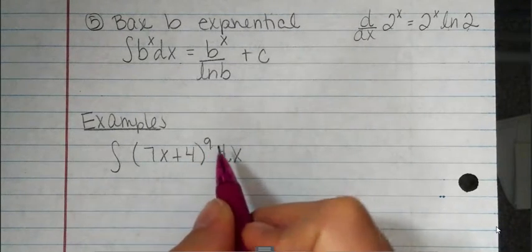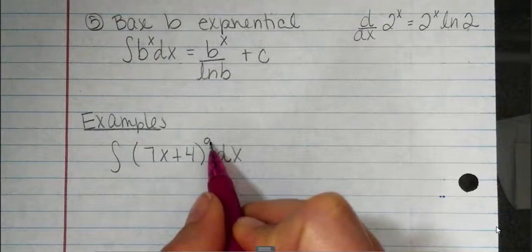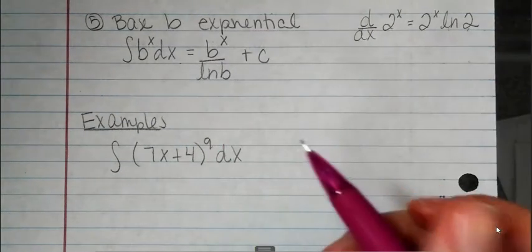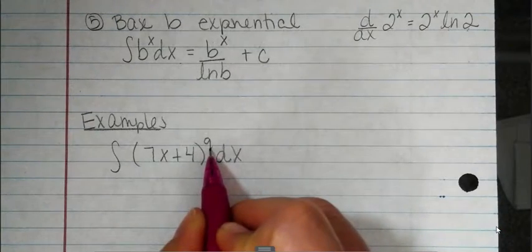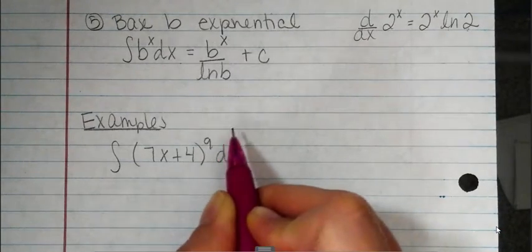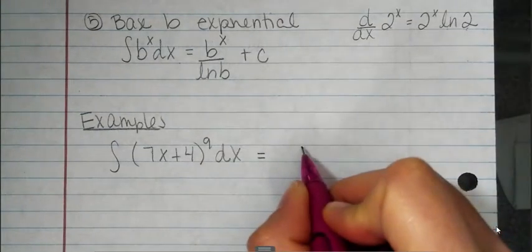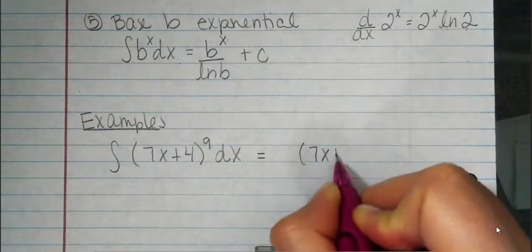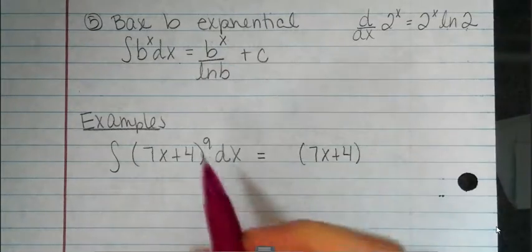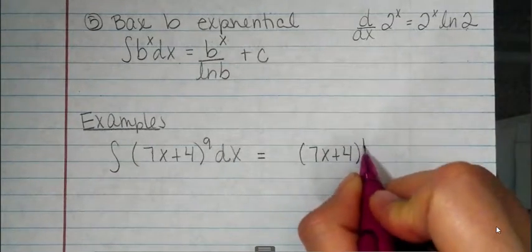So I need to think about the fact that when I originally took the derivative, there had been some power here. Now, what had that power been? That power had to be one more, right? So I know that I'm going to still have my base. I'm going to add 1 to that.